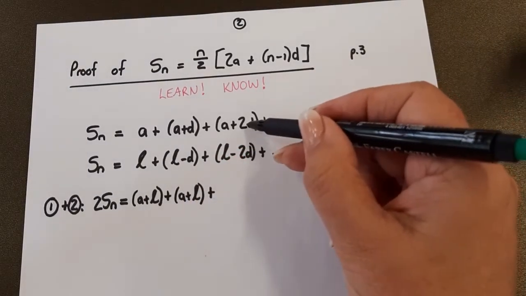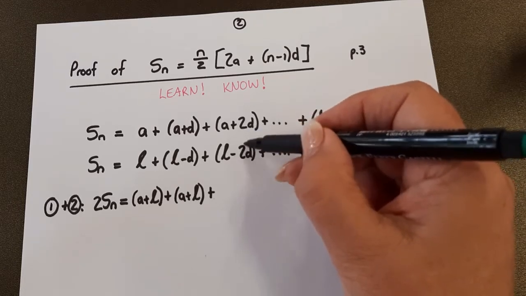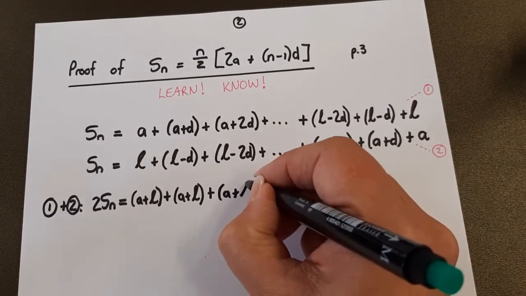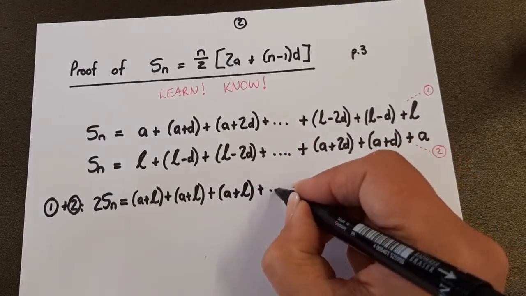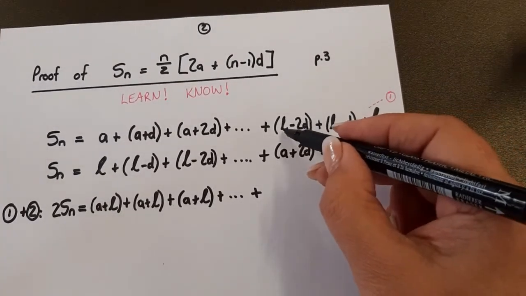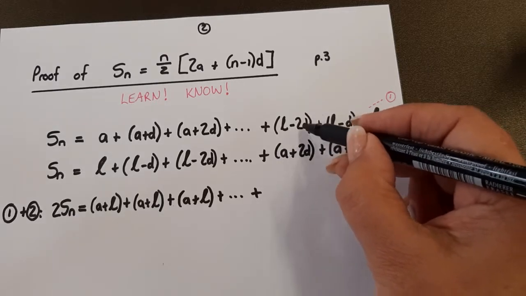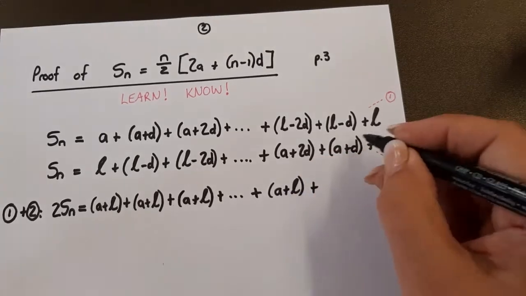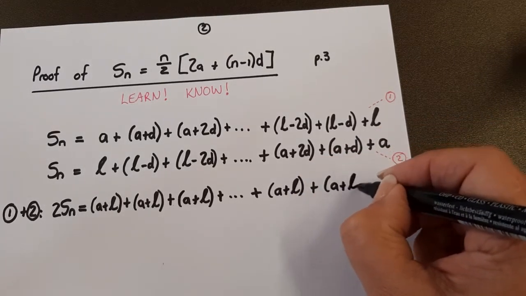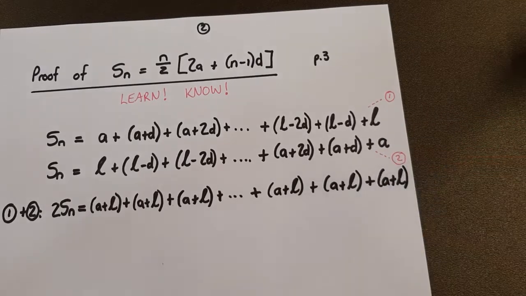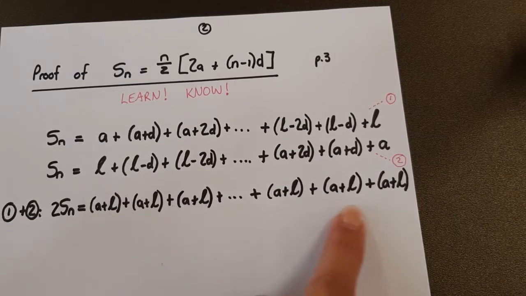The same here, minus 2d plus 2d will give you 0, so only a plus l remains. The same here, l plus a, these two form 0. Again we have a plus l, and the last two terms added together. So we get a row of a plus l's n times.